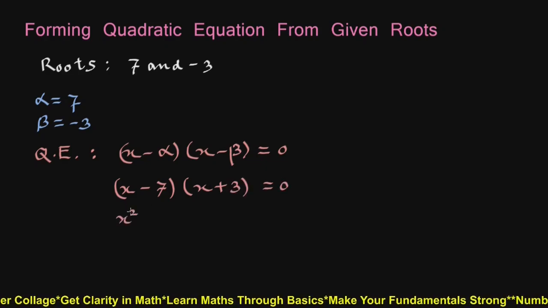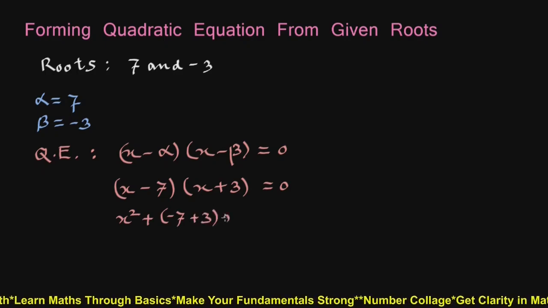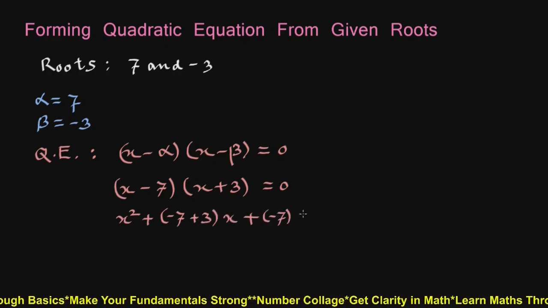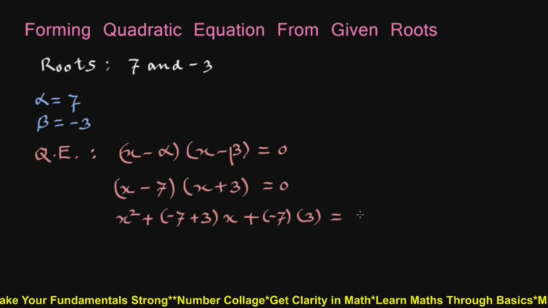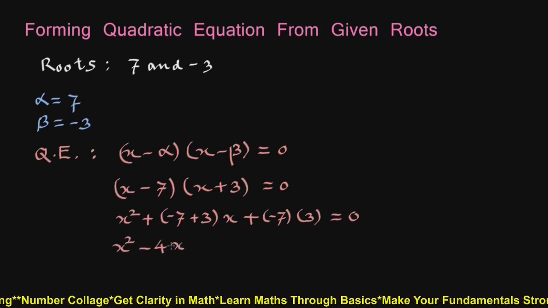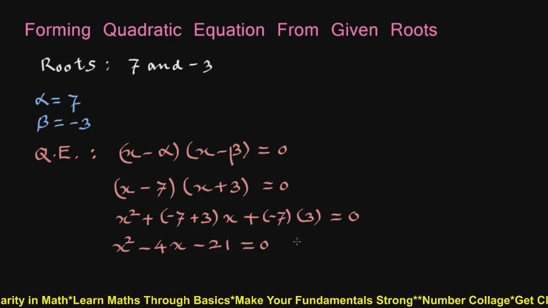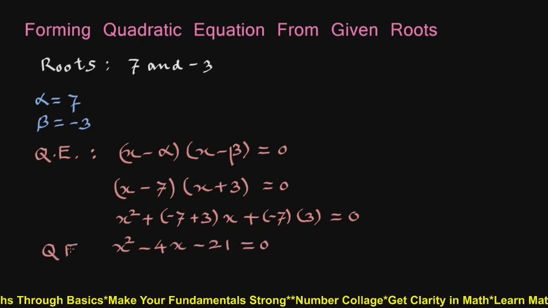That will be x² + (−7 + 3)x + (−7)(3) = 0. That will be x² − 4x − 21 = 0, which is the required quadratic equation.